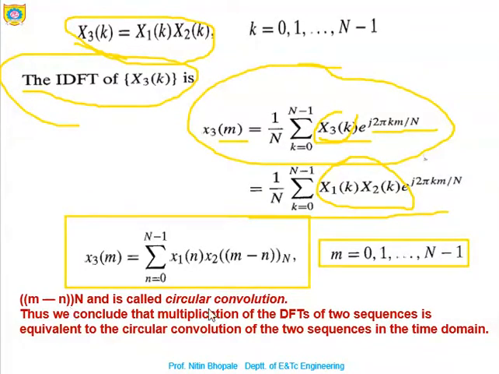So m minus n mod N is called a circular convolution. So this is nothing but circular convolution. When x1 and x2 are to be verified for the circular convolution, this is the formula we can use. Thus we conclude that the multiplication of the DFTs of two sequences is equivalent to the circular convolution of the two sequences in the time domain.